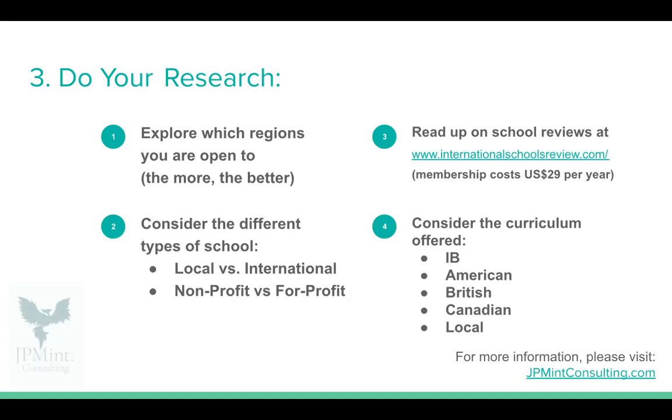And then there might be some international schools that also offer the local curriculum, so the national curriculum of the country. Any of these can also be combined. Sometimes you will see a school that offers a lot of them. They're trying to be everything to everyone, and maybe that can be a challenge, especially for teachers trying to get all of the curriculum addressed in their classes.